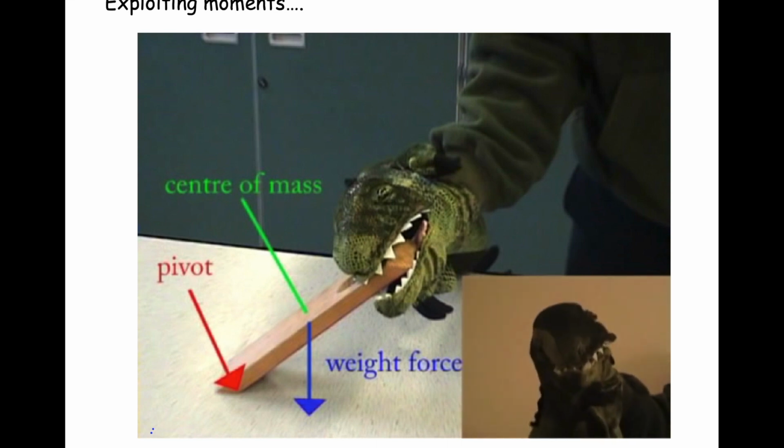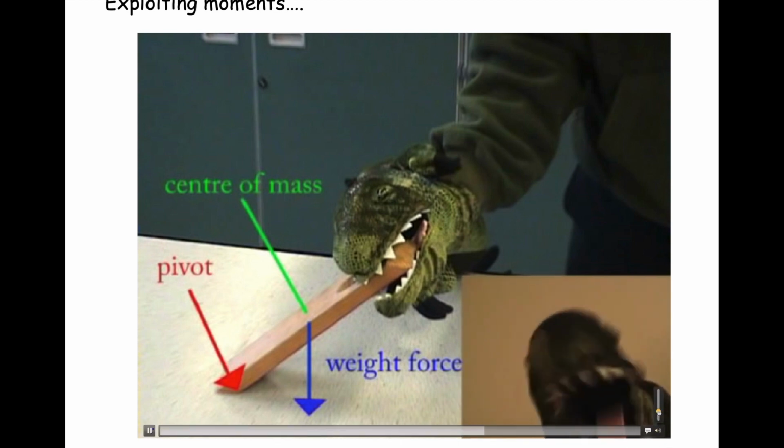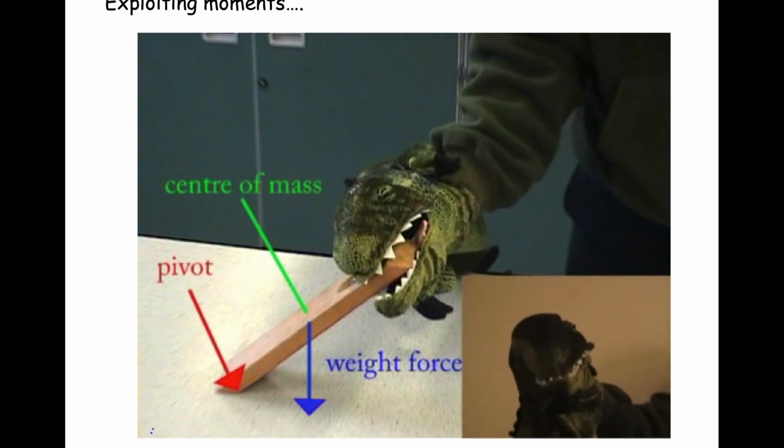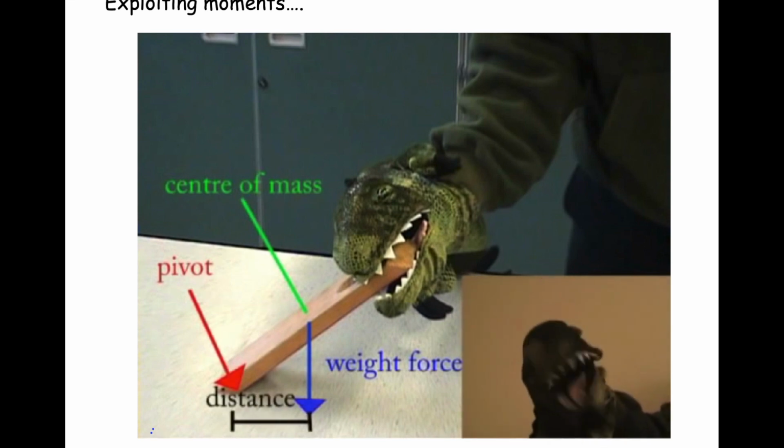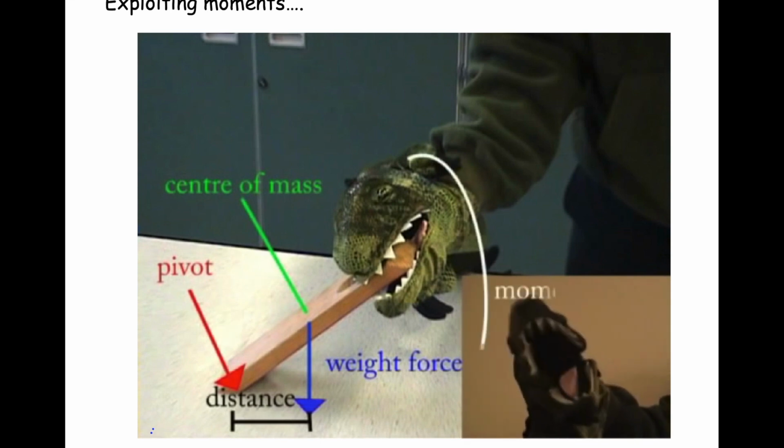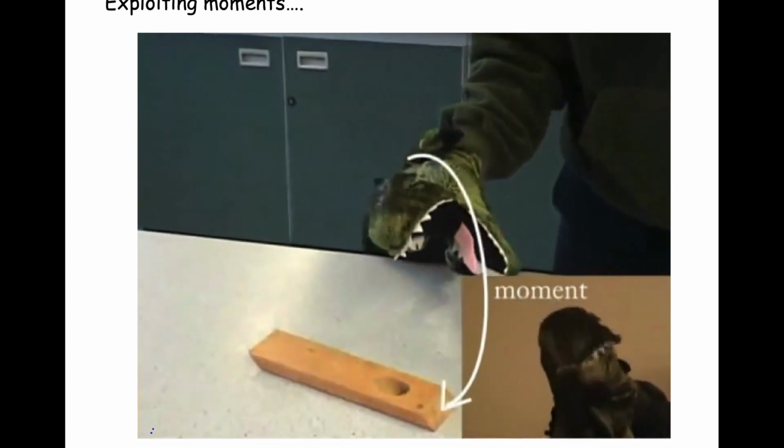It's spread throughout the wood. It just behaves as if it comes from one point. So, we have a force acting at a certain distance from the pivot. And this creates a turning effect. We call it a moment. That's why the wood falls over.